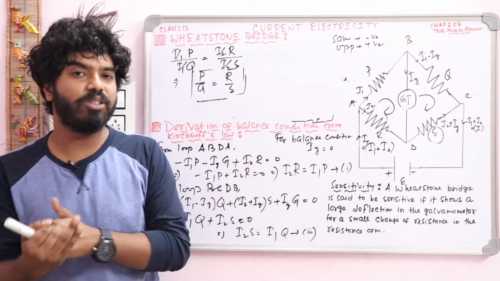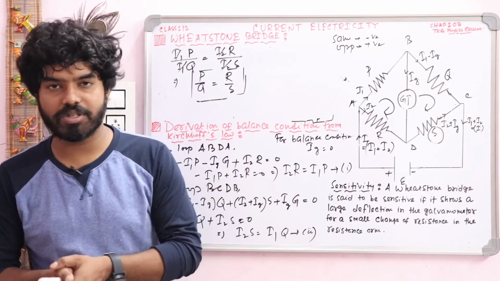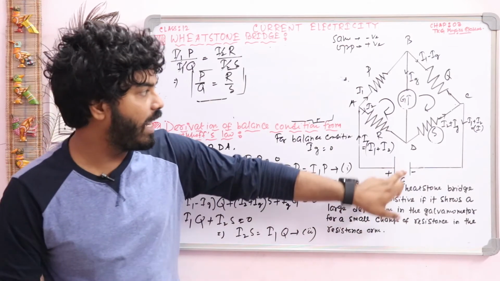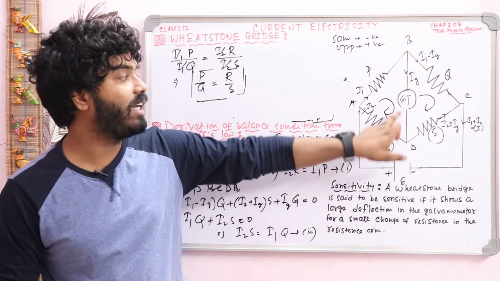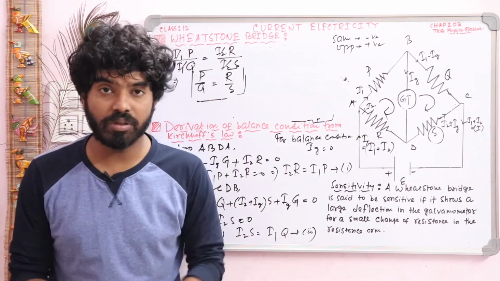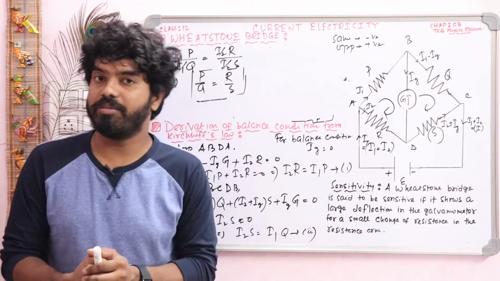By changing the magnitude of resistances, we can change the sensitivity of Wheatstone bridge. And point number 2: by interchanging the cell and galvanometer, the battery and galvanometer, we can also change the sensitivity of this Wheatstone bridge.